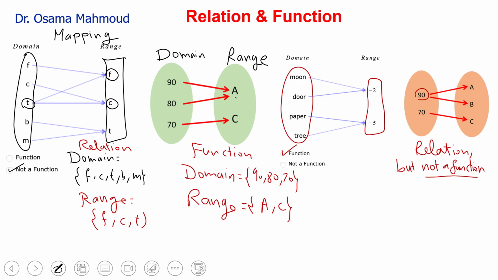Because one element here in the domain does not have only one image in the range. It has more than one image, so it will not be a function. Okay? Again, the domain here on the left is 90 and 70. The range, the elements to the right, is A, B, and C.